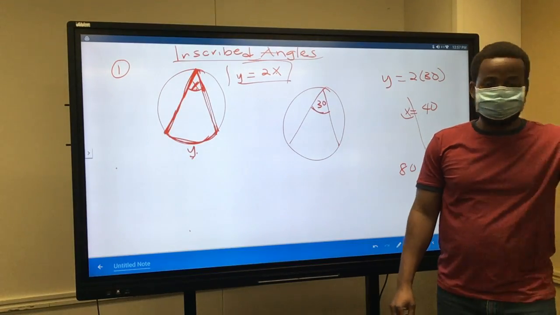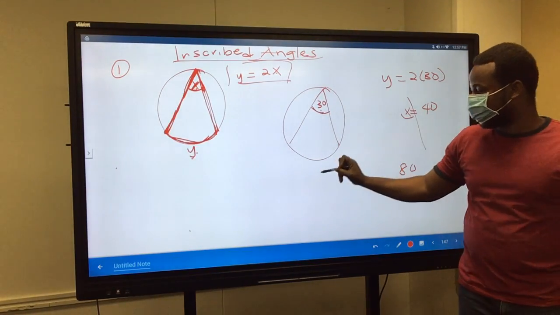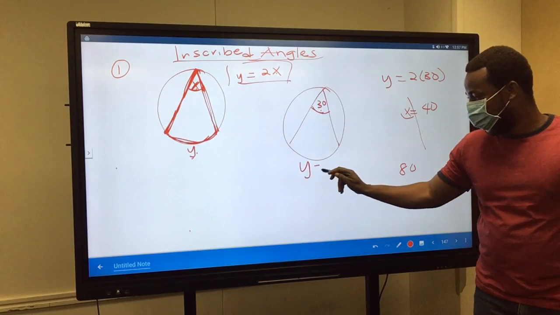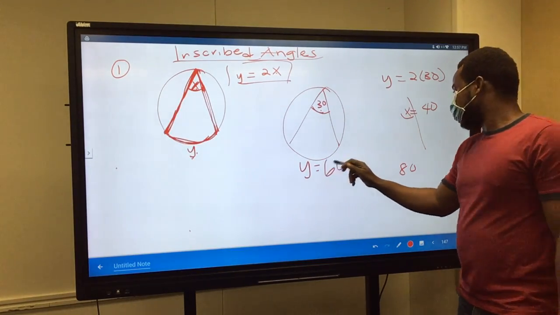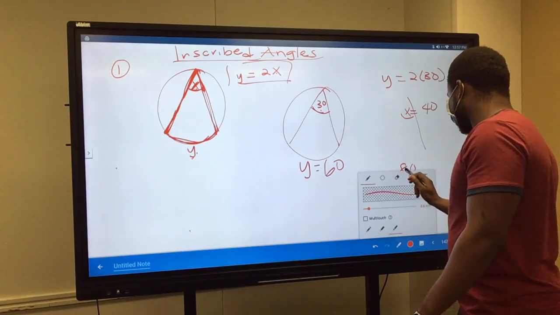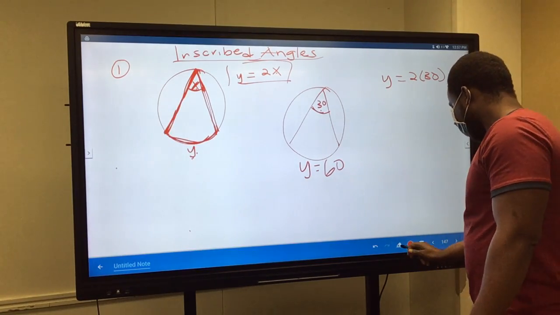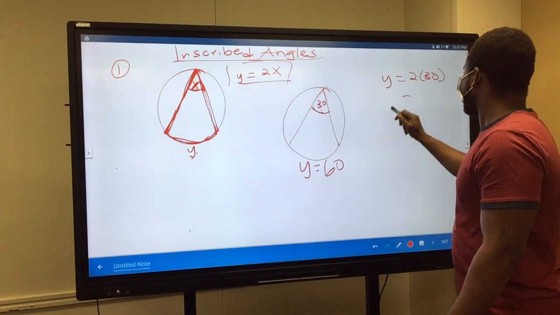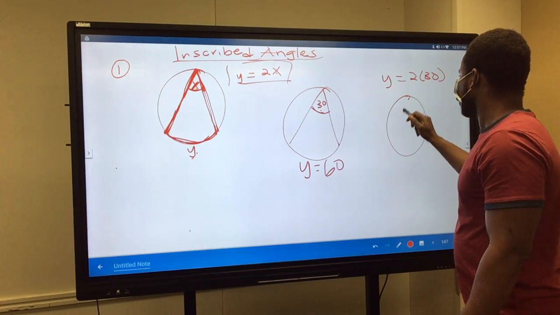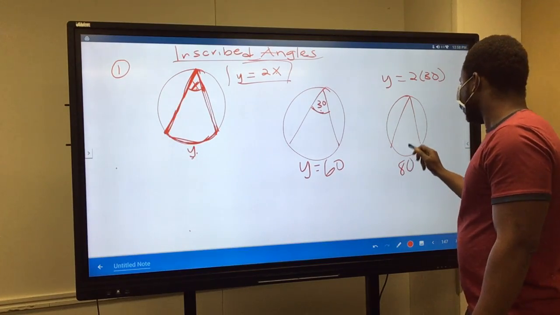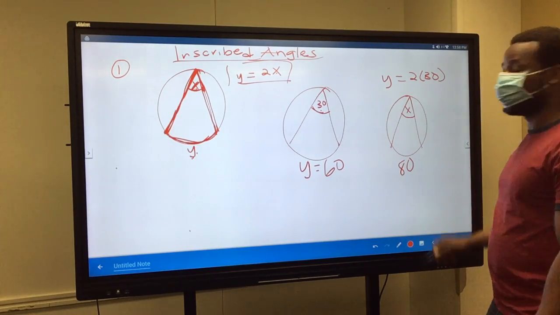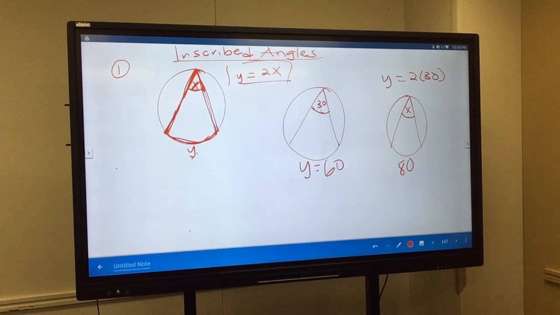So for example, if this is 30 and I have y over here, what will be y? 60. What about the reverse? If I do something like this, and this is 60. Now, if this is 80, what will be x? Based on what we are doing, 40, right?